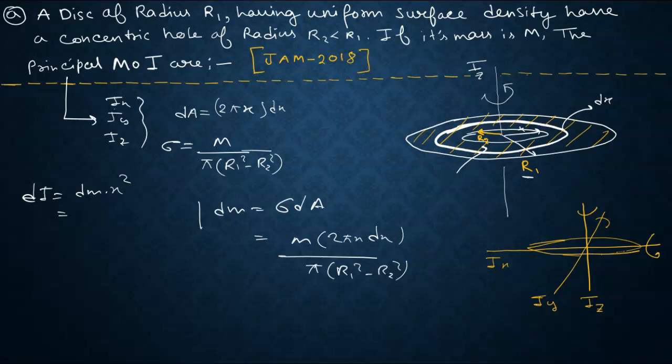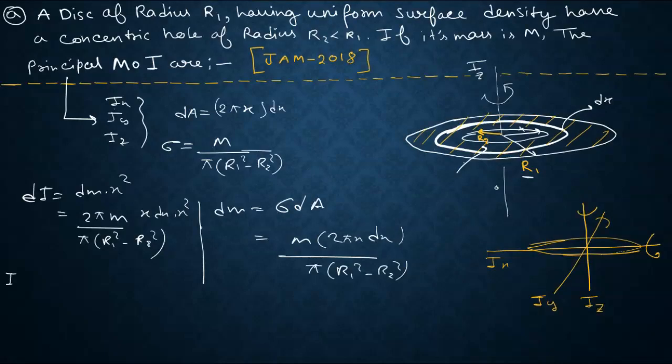So dI equals 2 pi m x dx into x square by pi (r1 square minus r2 square). And we have to integrate this to find I. Let's do it on the next page.